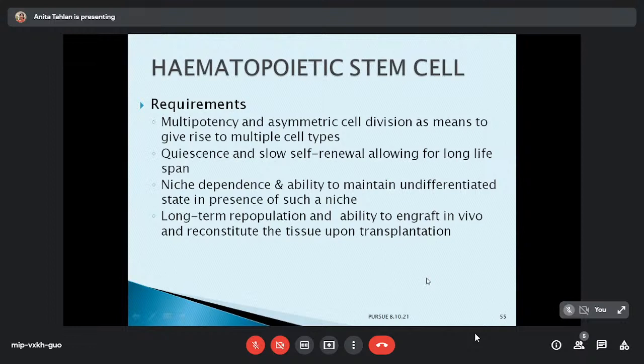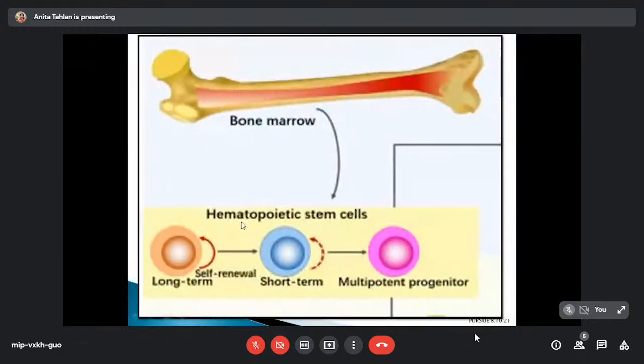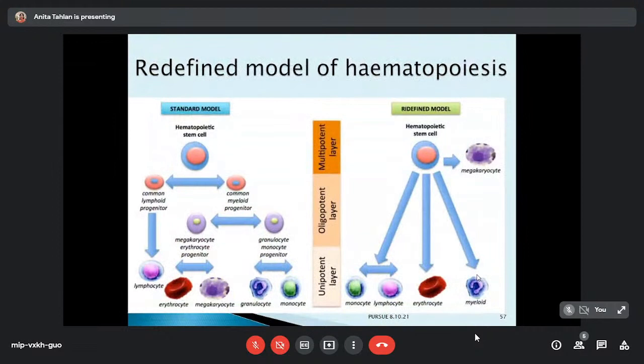It should also have the property of long-term repopulation. So what we want is that long-term it should be capable of self-renewal. Short-term it can go out, produce various kinds of cells, depending on our needs. When we were residents, we were taught that there's a hematopoietic cell which divides into a common lymphoid and a common myeloid progenitor, and then this myeloid progenitor gives rise to megakaryocytic, erythroid, and granulocytic progenitors.